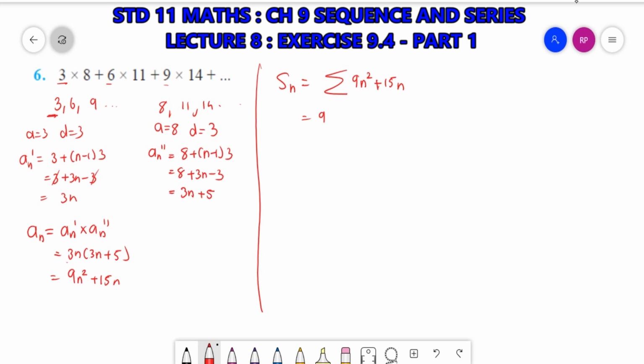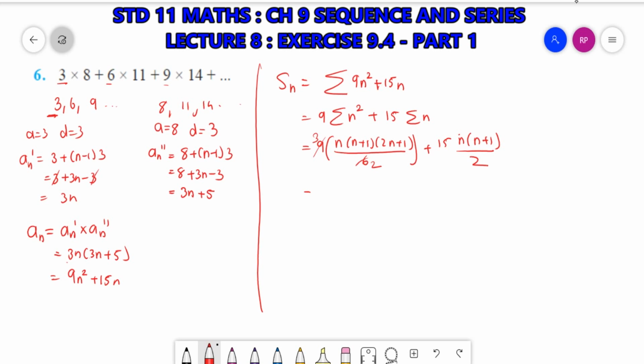Okay, so the sum of this series will be the summation of 9n square plus 15n. As 9 is a constant, I will take it outside: 9 summation of n square plus 15 summation of n. That is 9 into n into n plus 1 into 2n plus 1 upon 6, plus 15 into n into n plus 1 upon 2. So I can write 3 threes are 3 twos are. Clear?